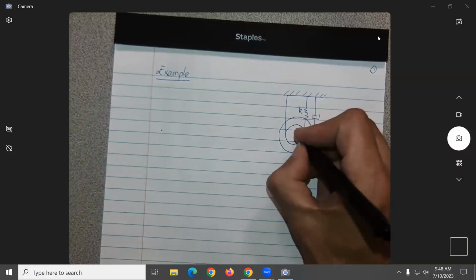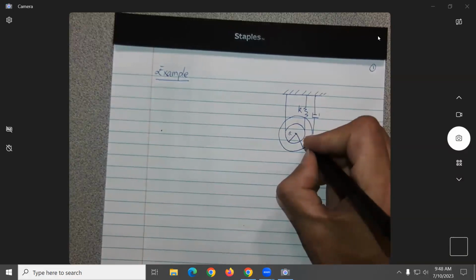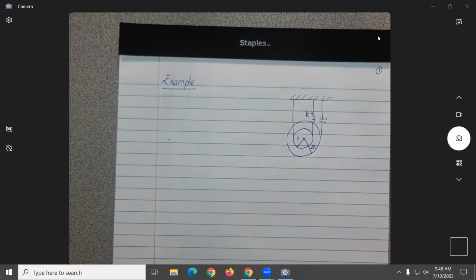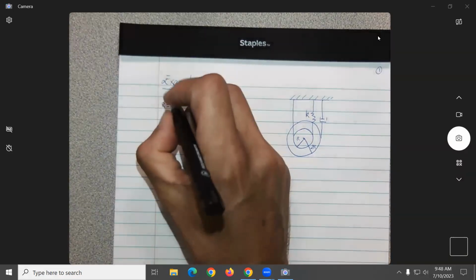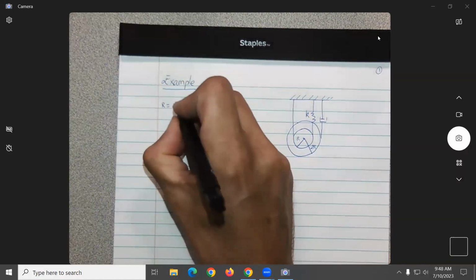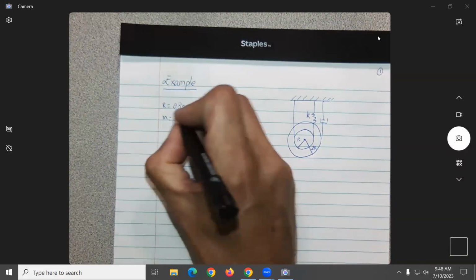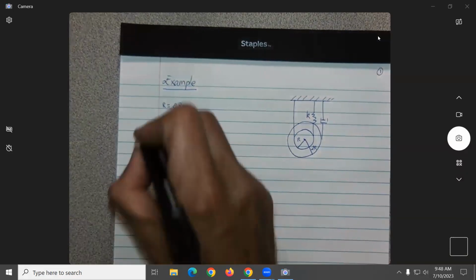And all this is attached here to the cylinder. The first one has a radius R, and this one here is 2R. We know that the radius is 0.8 meters and the mass is equal to 20 kilograms.